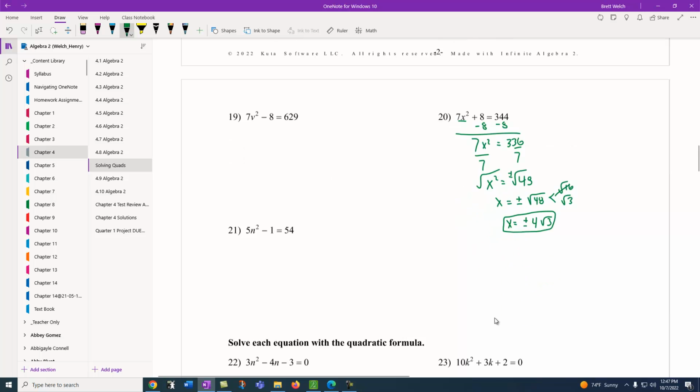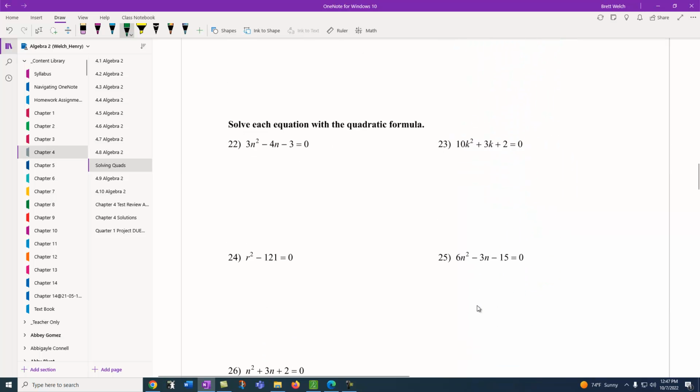Okay? And then the last type of problem is to solve with the quadratic formula. If I look at 3 here, a is 10, b is 3, and c is 2. Quadratic formula is negative b plus or minus the square root of b squared minus 4ac, all divided by 2 times a, which is 10.